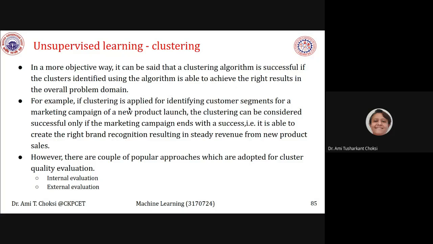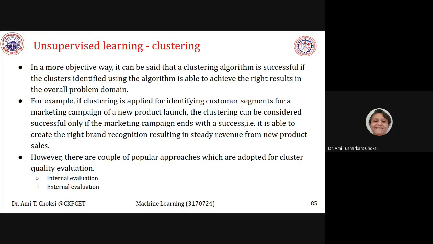For example, if clustering is applied for identifying customer segments for a marketing campaign of a new product launch, the clustering can be considered successful only if the marketing campaign ends with a success.